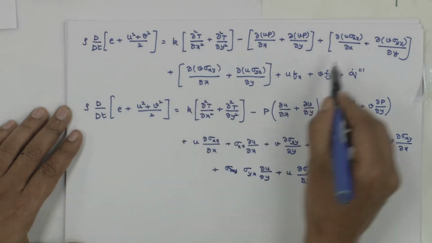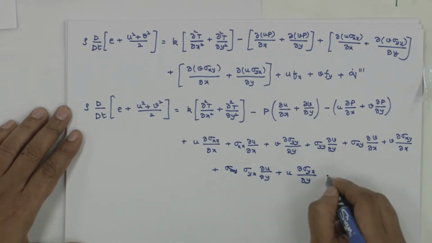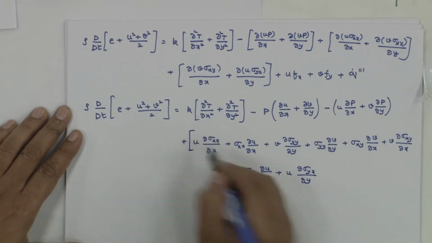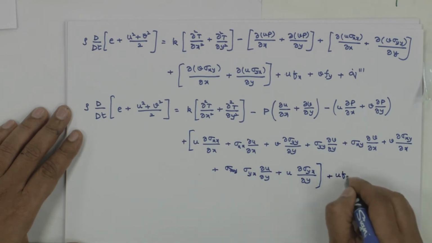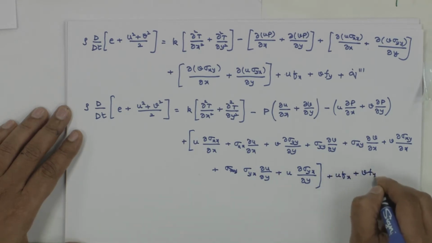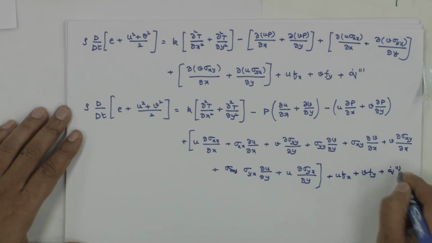I just expanded these terms. Put all of this in one bracket, plus u fx plus v fy plus q dot triple prime.